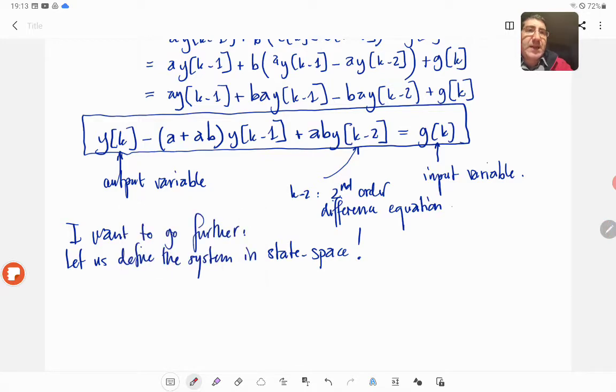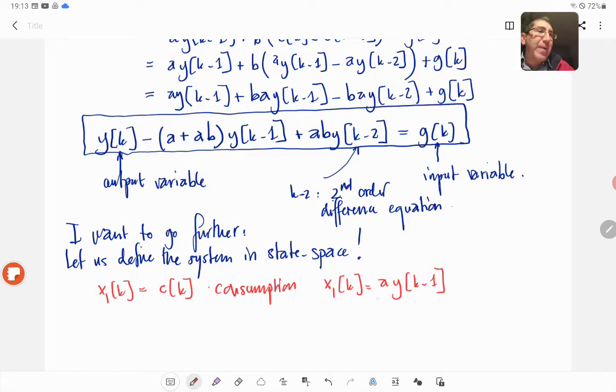Let's say that my first state, x1 of k, is ck, the consumption. Now, what is the interesting thing about this is that, remember, x1 of k is actually equal to a y k minus 1. So it's the one past value in time of our output variable.